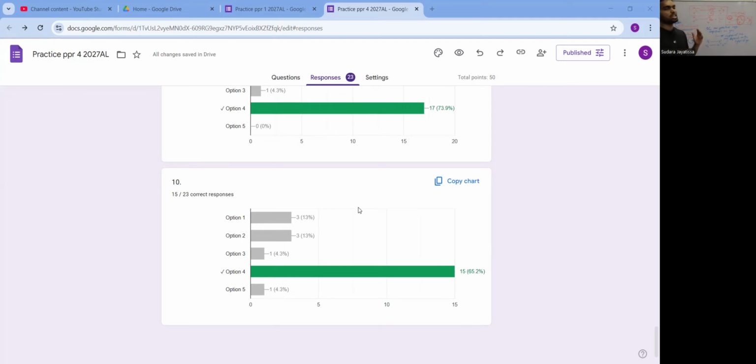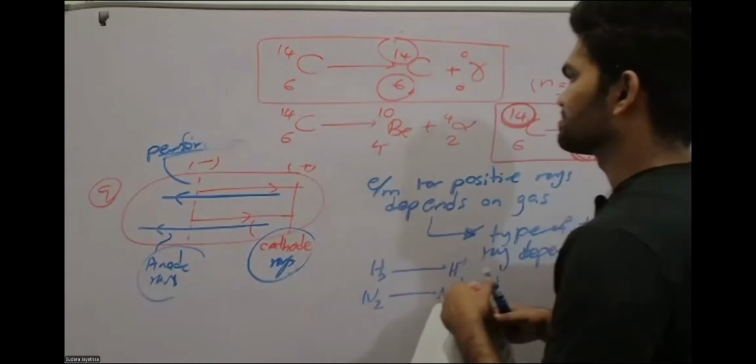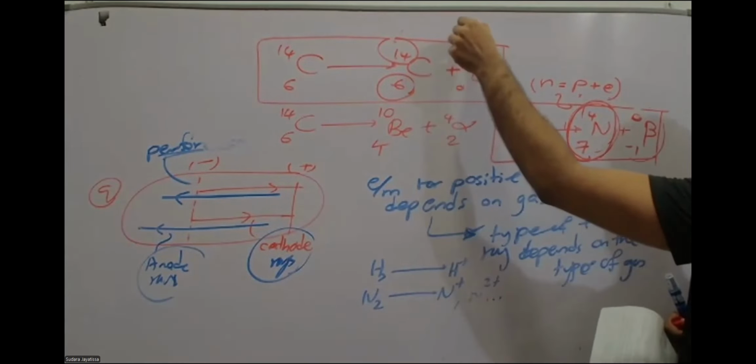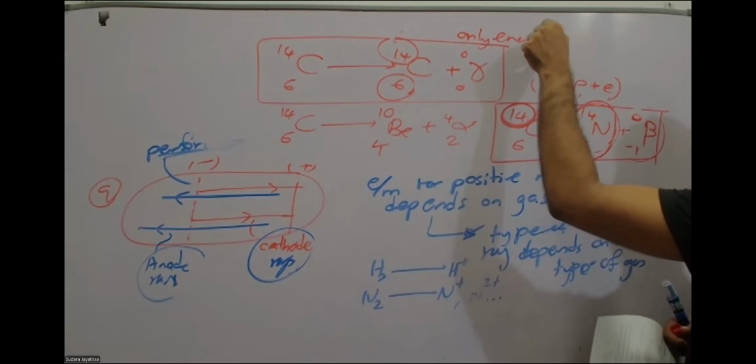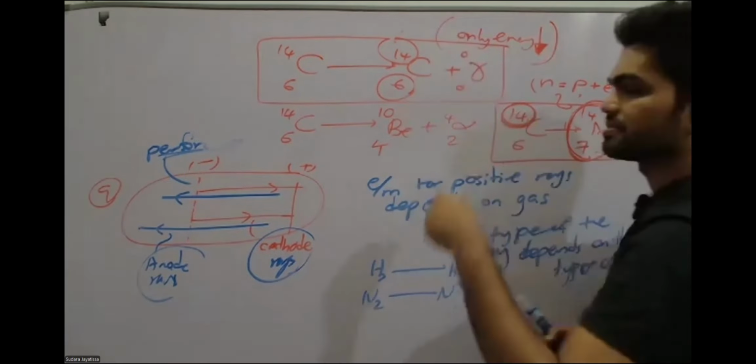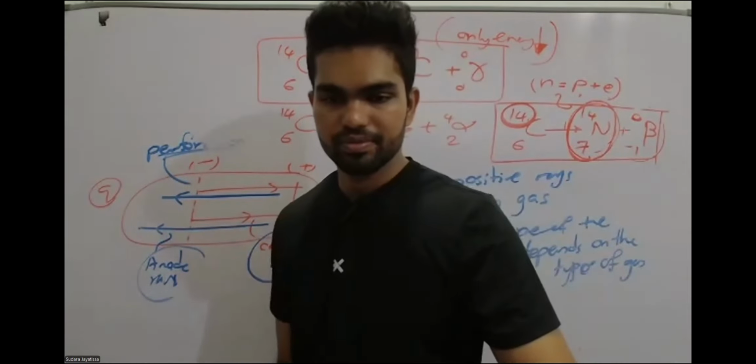Only energy is emitted. Energy is decreased, not the matter. Understood? Write it properly. During gamma emission, only energy is decreased. Nothing else.